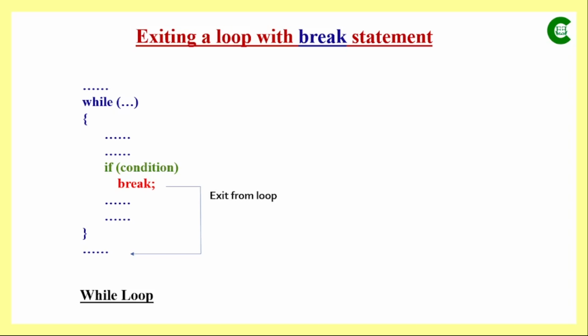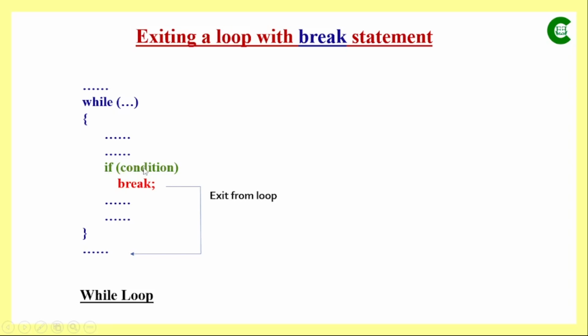Here, within this while loop, within this opening and closing brace, whatever statements we have written will be executed as per the logic and the requirement. But in between we have a statement where we have an if condition, and after that we have a break statement.